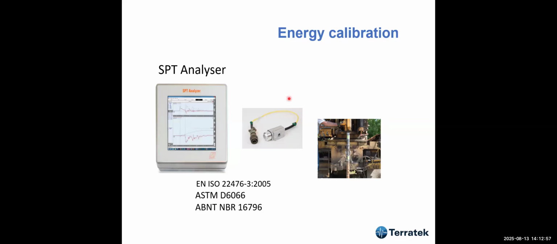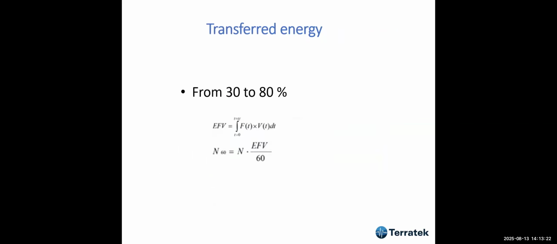It's very much the same as when we do dynamic testing on piles, more or less the same. The equipment is similar, okay? So we use transducers to measure. They are attached to this piece of rod, and then we apply the blows, and we measure the amount of energy. In most cases, it's from 30 to 80%.